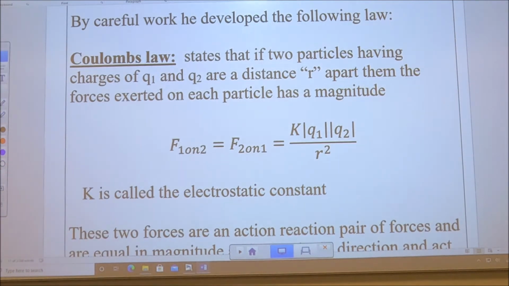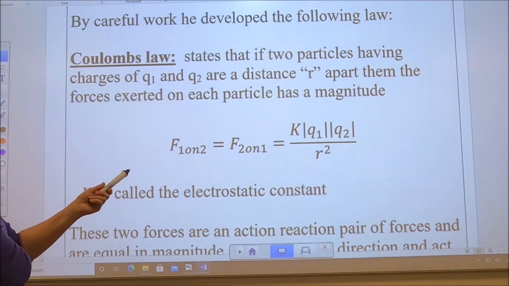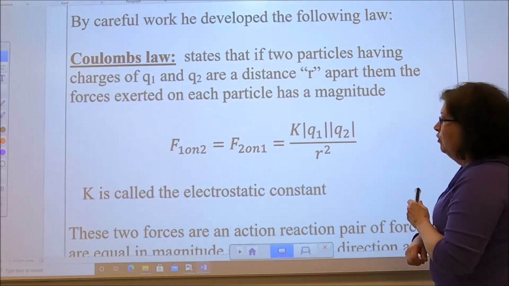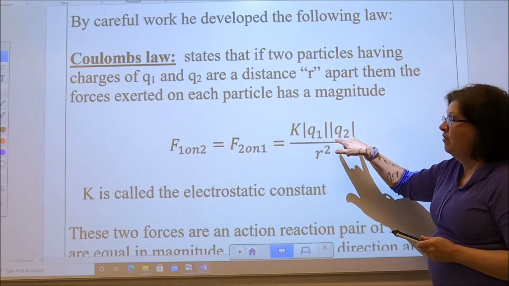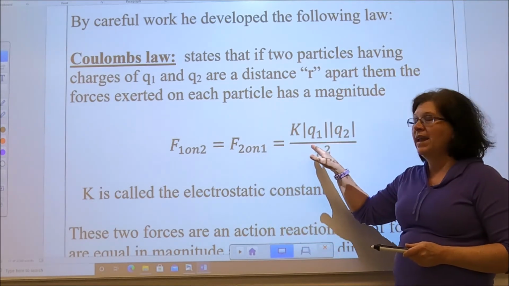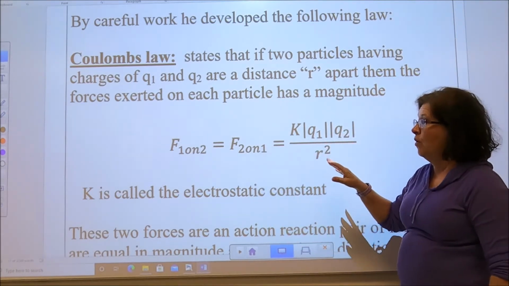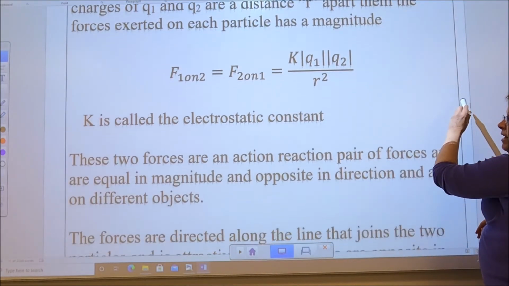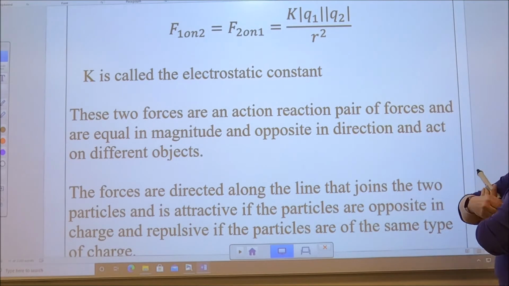Coulomb's law states that if two particles having charges Q1 and Q2 are a distance r apart, then the forces they exert on each other have a magnitude of k|Q1 Q2|/r². Now notice those are in absolute value signs because all we're getting here is the magnitude of the force. Okay? k here is called the electrostatic constant.